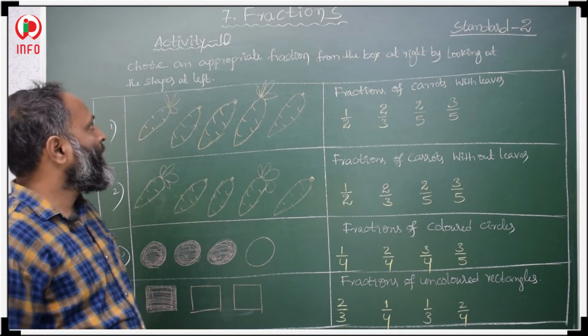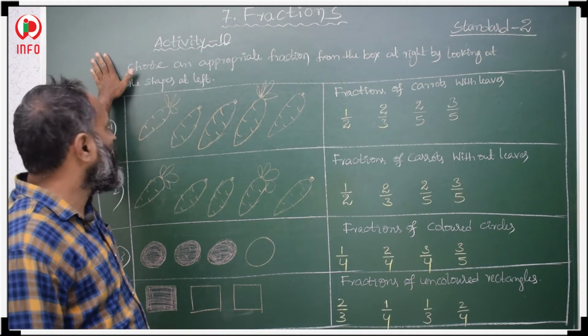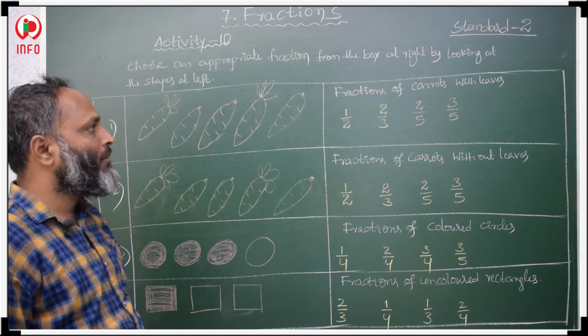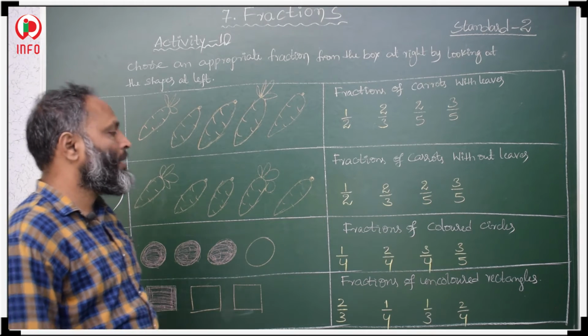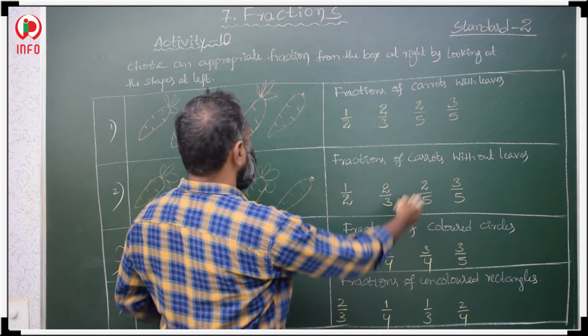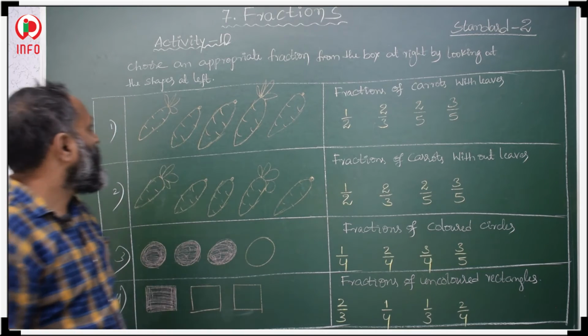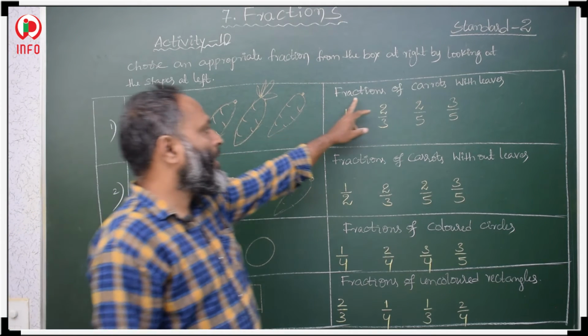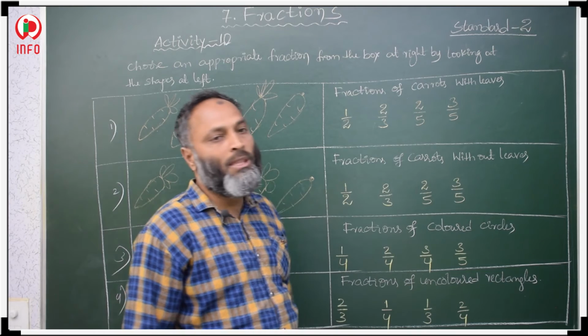Now students, see here in activity 10, the question: choose an appropriate fraction from the box at right by looking at the shapes at left. Fractions are on the right side, shapes are given on the left side. See here what it is asking, fractions of carrots with leaves.